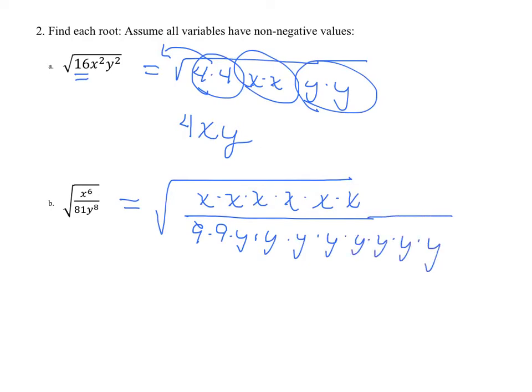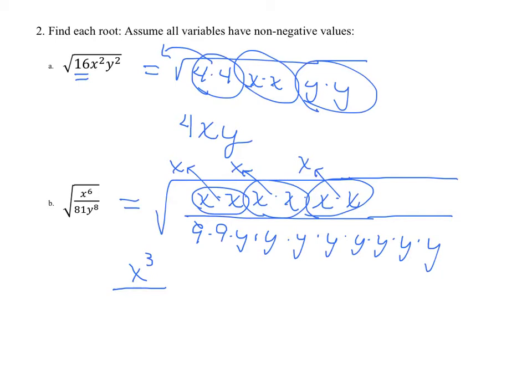There we go. Now, here's the deal, guys. Every pair comes out as a single. So you say to yourself, oh, I have 3 pairs, so x to the third. This guy comes out as x, this guy comes out as x, and so does this. So I have x times x times x, which is x to the third.